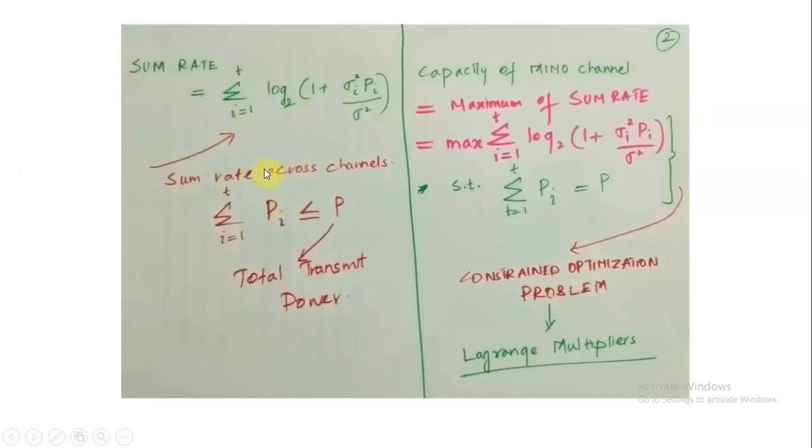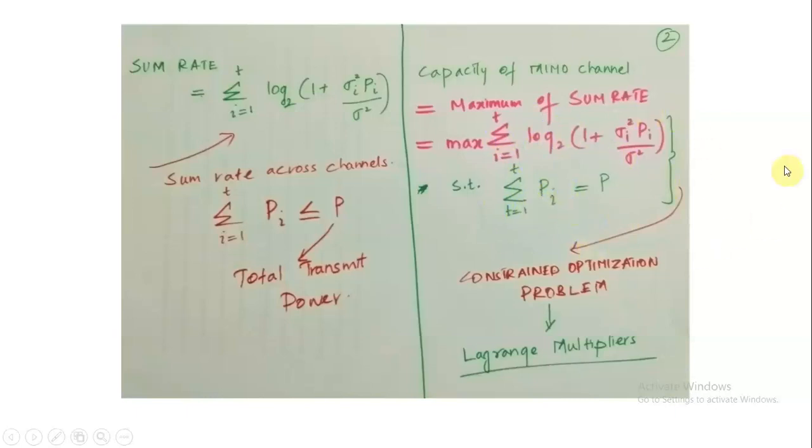The only problem here is that the total transmit power P is limited, and it is equal to the sum of powers across the individual channels. The capacity of the MIMO channel is defined by the maximum of the sum rate. We can have a variable sum rate depending upon the amount of power we put into the different channels, so that is given by this constraint.